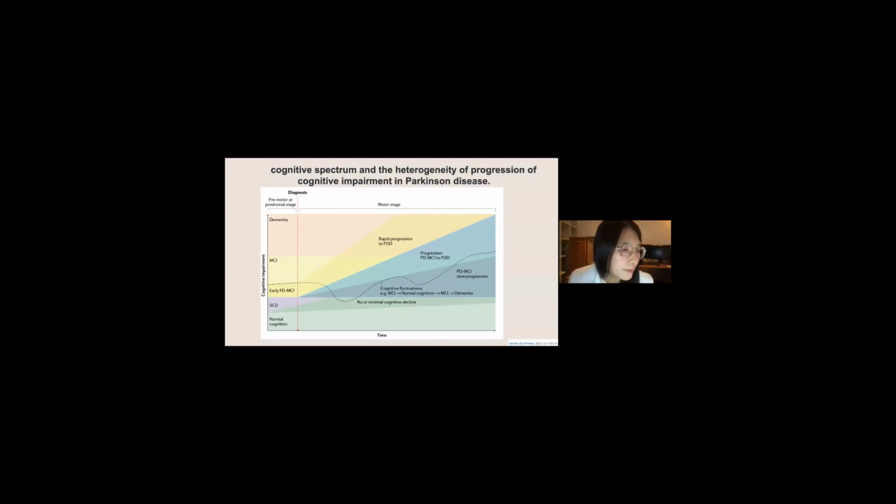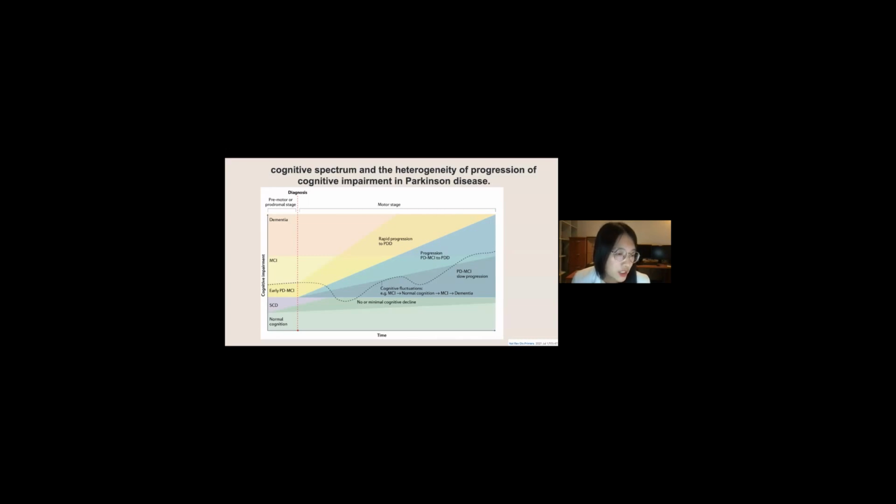Cognitive spectrum and heterogeneity of progression of cognitive impairment in PD. Cognitive changes, mostly in the form of subjective cognitive decline or MCI, can occur prior to or at the time of PD diagnosis, or even decades later, with high variability in the rate of progression and its clinical severity.